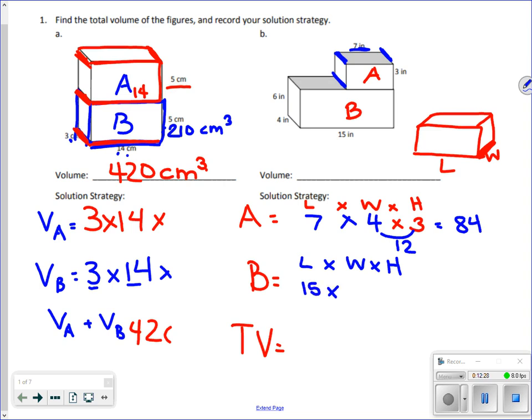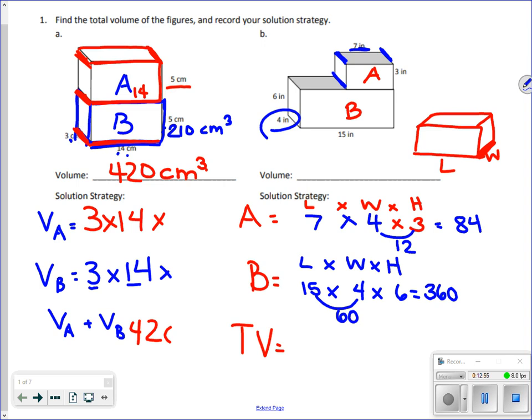Do we know how wide it is? How wide is it? 4. It's right there. Do we know how high it is? 6. Right there. Find the volume of B. Because 15 and 4 is 60. 60 times 6, 360.